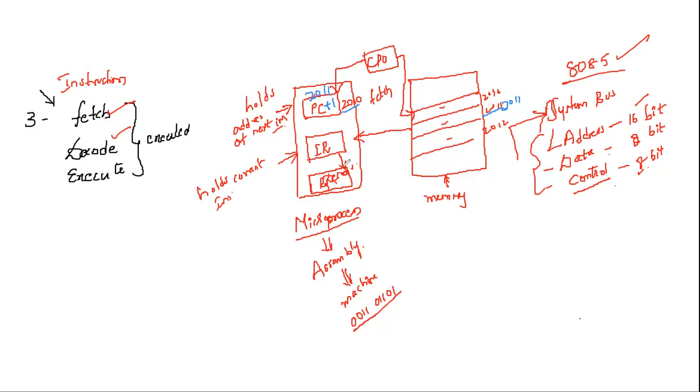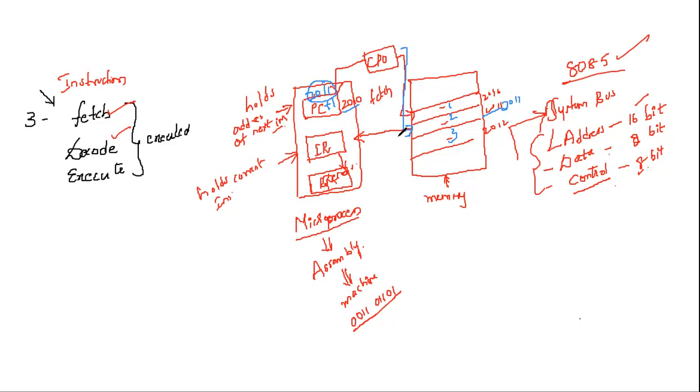Now, after decoding the instruction, the CPU has to execute the second instruction; there are three instructions, 1, 2, 3. From where will the CPU get the address? From the program counter. By taking the address 2011, it fetches the instruction at 2011, which is fetched and decoded.